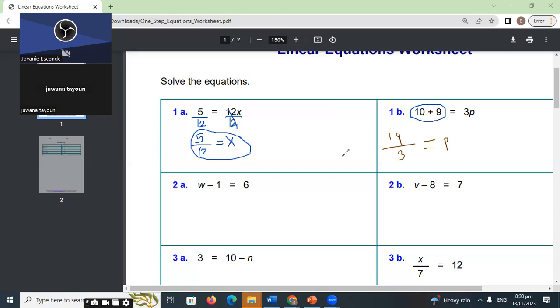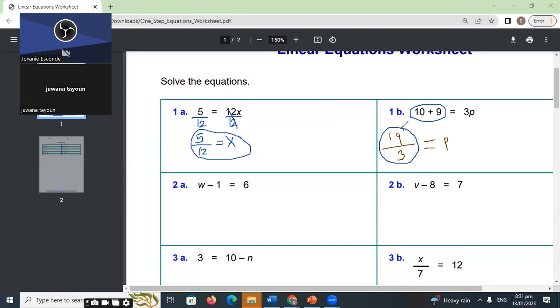Very good. You were actually able to apply the example from number 1A, but the answer there is not yet the final answer. You have to simplify your answer first, right?